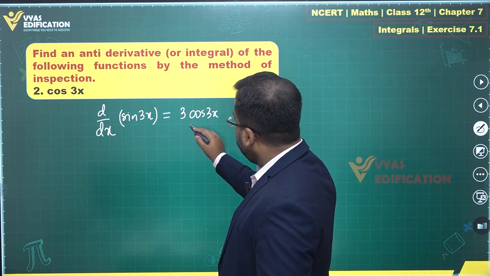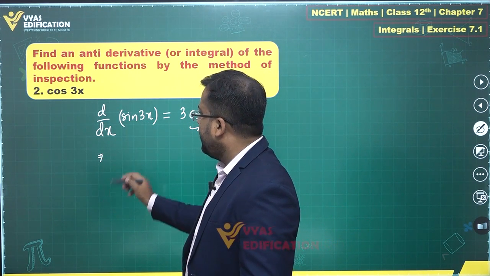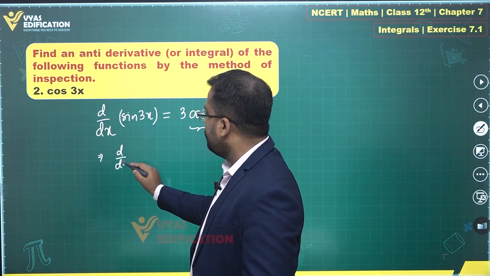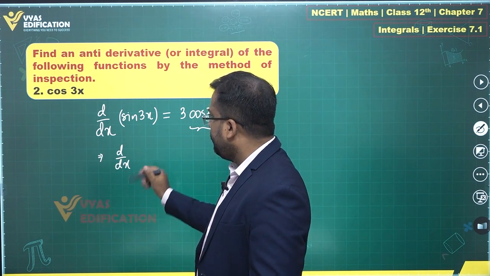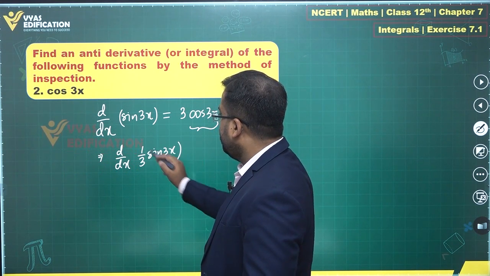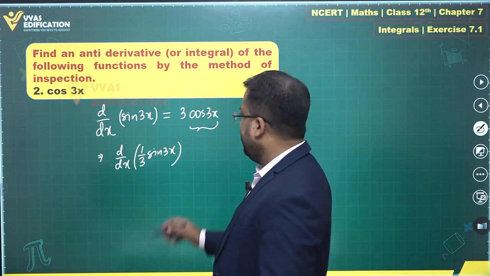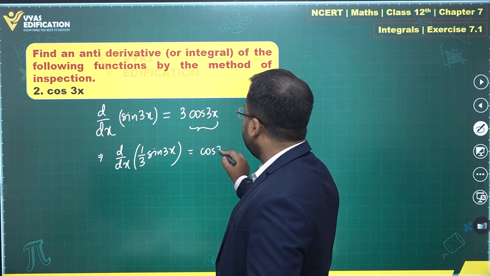Okay, and now I'm interested in only this one. So let's bring that 3 over here, and where does that take me? D by dx of 1 by 3 sin 3x, where the constant outside can be brought inside of the derivative without affecting anything, right? And this is equal to cos 3x.